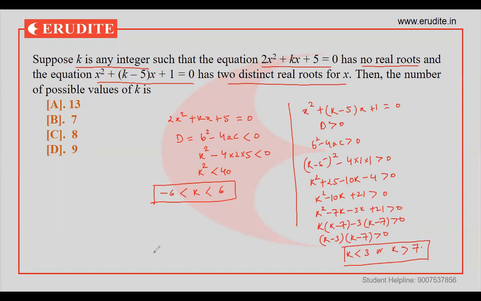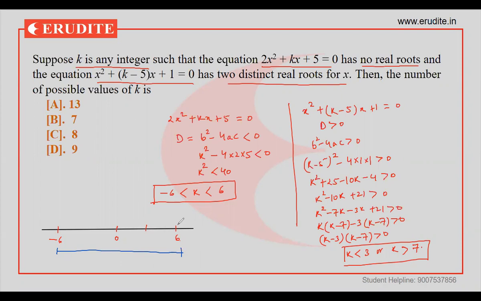So guys, if I draw a number line quickly here, I am getting that the values possible are minus 6 to 6, right? That means from here to here, the numbers we can take, from the first condition.